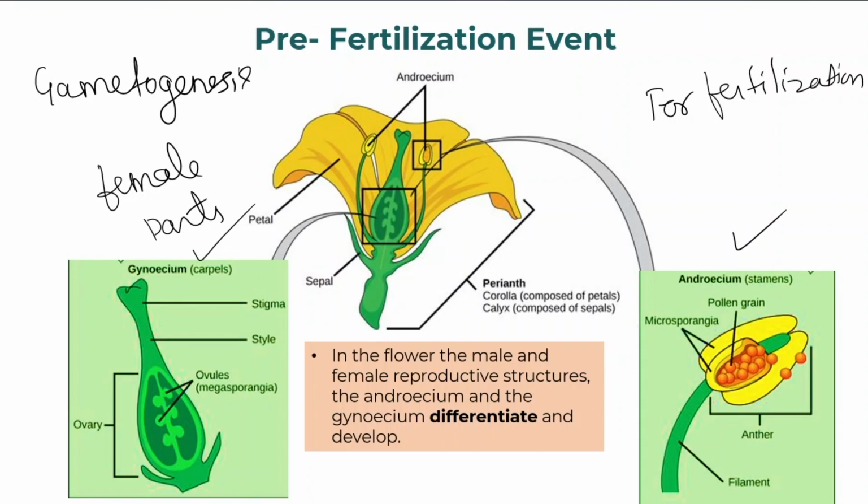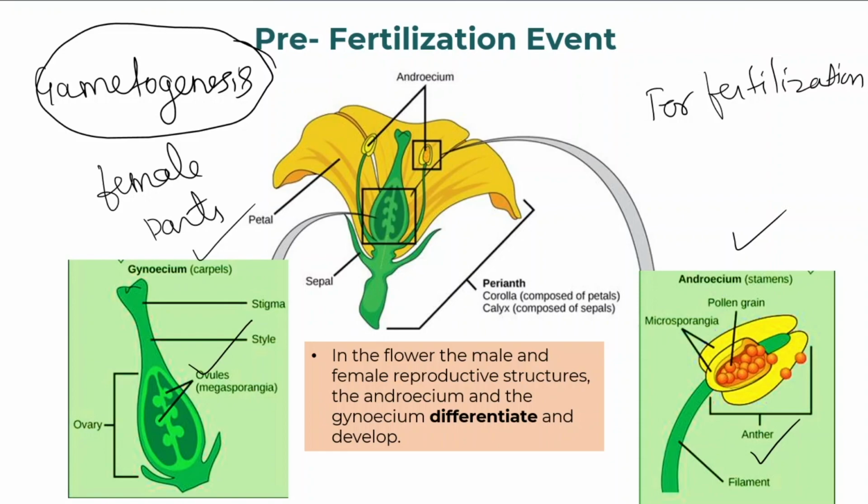Gametogenesis is the process of developing a female part or a male part. In the flower, the male and female reproductive structures, the androecium or gynoecium, differentiate and develop, they get mature, and that's why it is known as a pre-fertilization event, because maturity is what is important here.